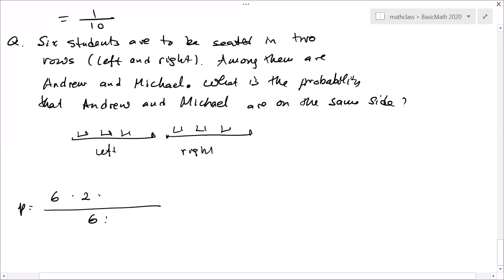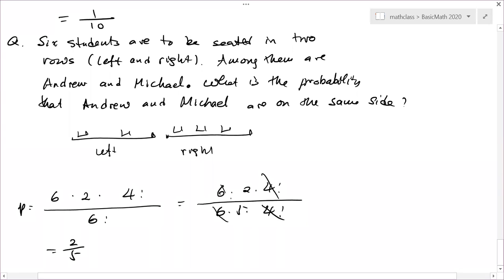Then I have 4 seats left for 4 students, and it doesn't matter how you put them. So 4 seats for 4 students is 4 factorial. That is how we calculate. Then you simplify: 6 times 2 times 4 factorial over 6 factorial, which is 6, 5, 4 factorial, and the 4 factorials cancel out. The answer is 2/5.